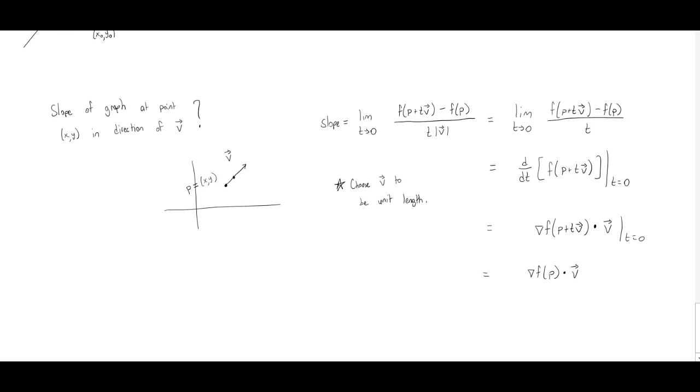All right. So this quantity here, the gradient of f at P dot product with v, we have a special name for it. We call this the directional derivative.